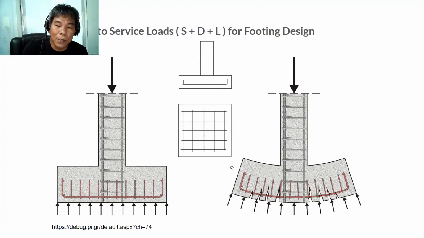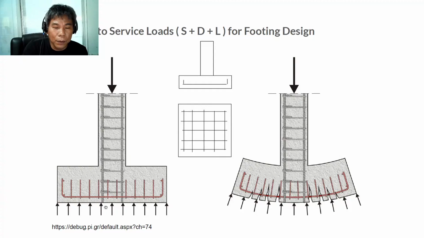And to determine the reinforcement for the footing, as you will notice, we have to apply the force from the column. Of course, you have to remember the load path from the slab to the beam, to the girder, to the column, and to the foundation. So this is the force coming from the column, and there will be a reaction from the soil or the foundation.